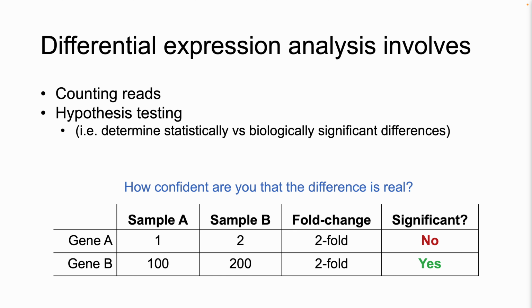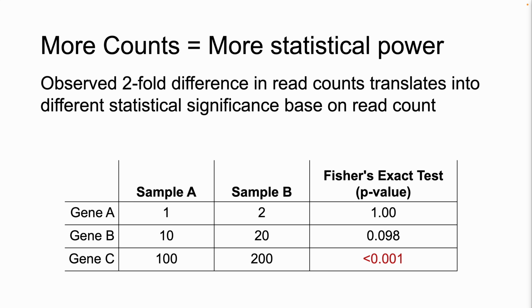Okay, so just because something is inferred to be twice as high, you got twice as many reads, even twice as many normalized reads, that doesn't necessarily mean it's significant. It depends on how much noise there is in your data, right? And if you were doing a Fisher's exact test, which is one test you might do on these examples, again, just trying to drive home the point that more reads is more statistical power.